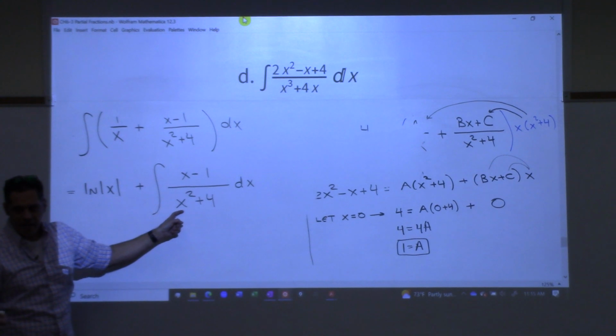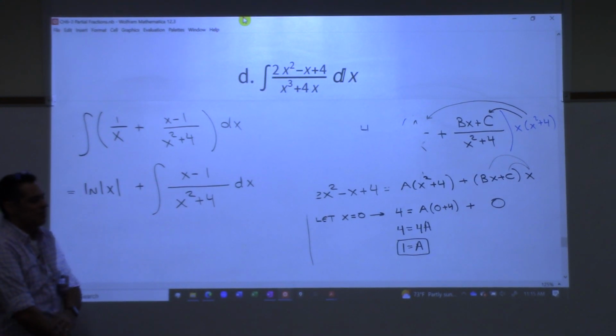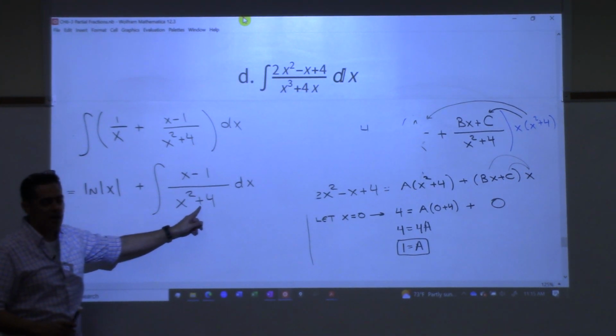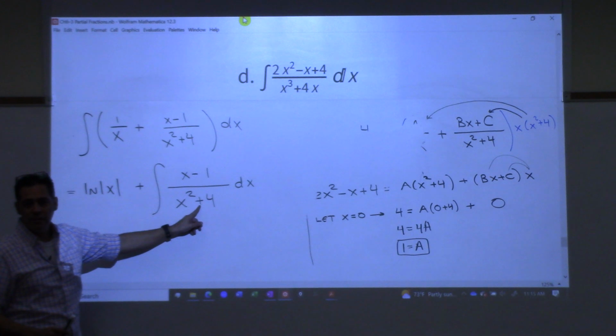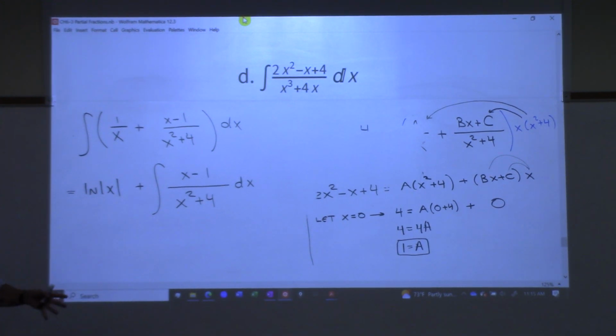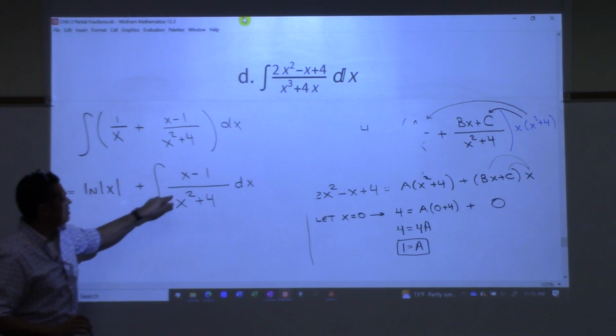So what was the technique for linear over irreducible quadratic? Sorry, and you're missing the x term, right? There's no x term in here. So I heard split up. Could we split? Yeah. You could split it. Oh, yeah, that's true. You could do x over this, 1 over that.